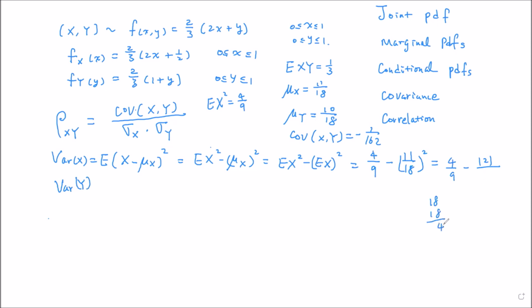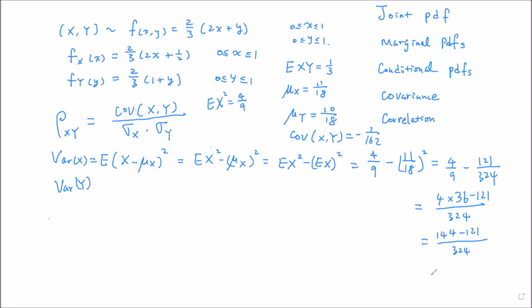Let's calculate: 4/9 is 144/324, and 144 minus 121 is 23.